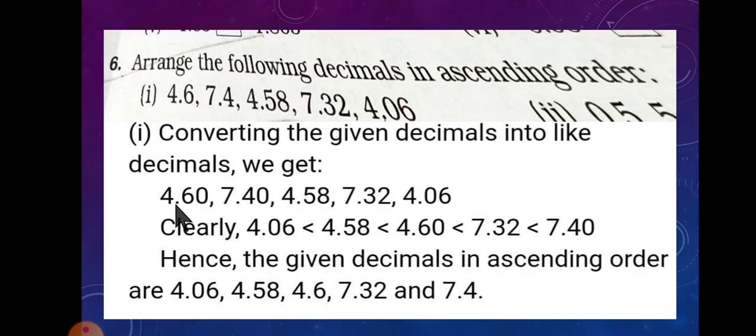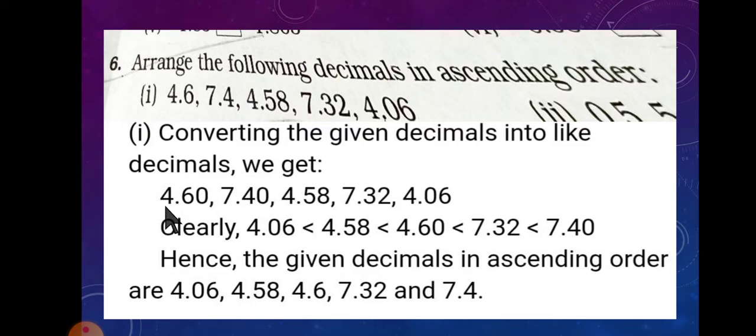In 4.6 we will add one 0 after 6, and in the second number also after 4 we will add one more 0 for making like decimals. Now all numbers have 2 digits after the decimal, so all given numbers are already converted into like decimals form.